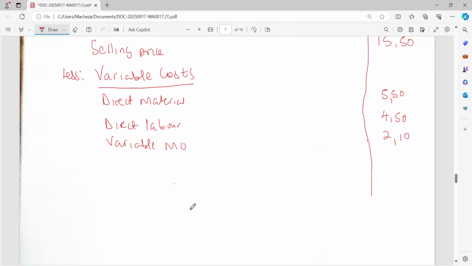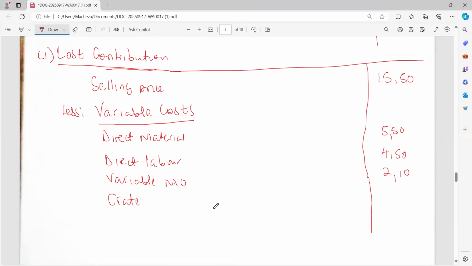We say we need what? The crate. Yes, we need the crate. Is it going to be 12 Rand? Let's check. This is the selling price per bottle. So we're not going to sell a bottle into a crate.